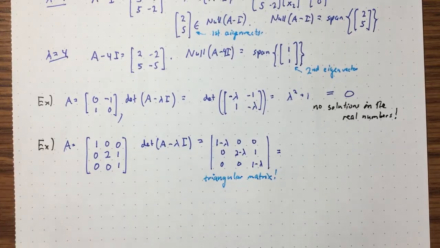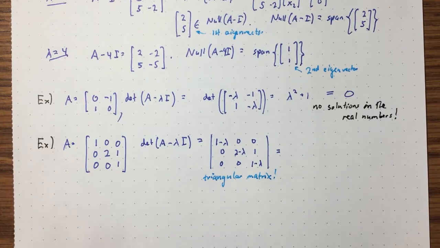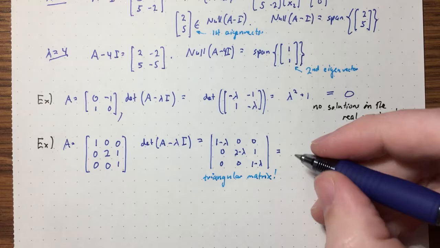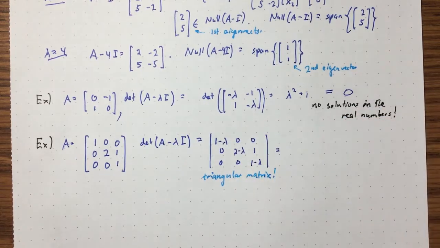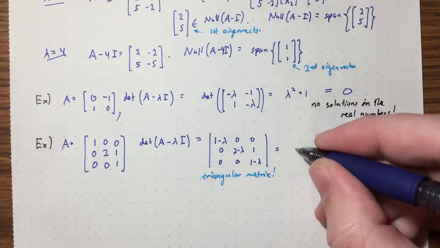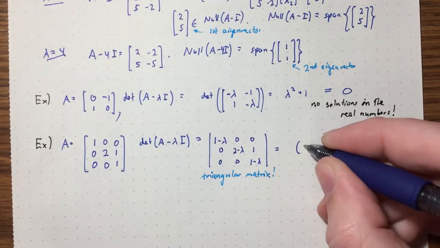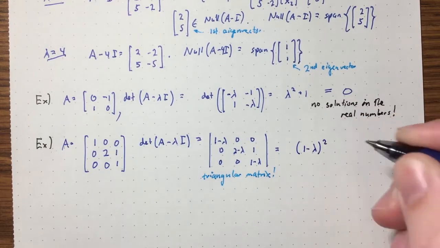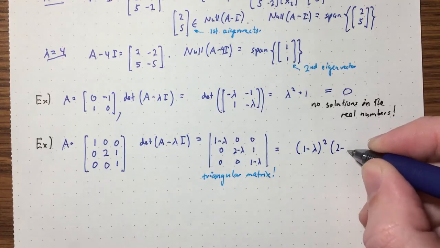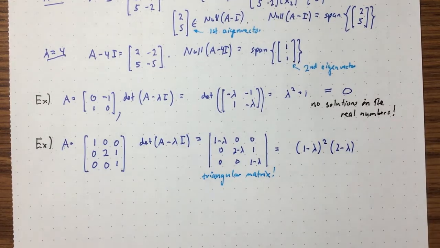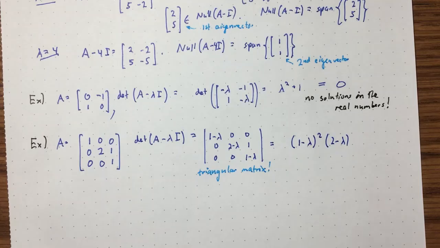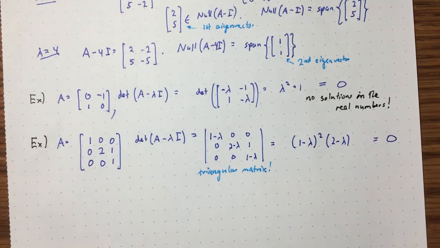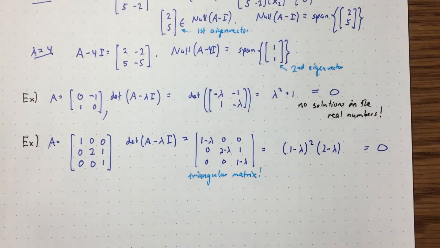But a triangular matrix is just as good because, do you remember what the determinant of a triangular matrix is? It's just the product of the diagonal entries. I have this factor twice actually, so 1 minus lambda squared times 2 minus lambda. That's the whole determinant. And I want to set that equal to 0.